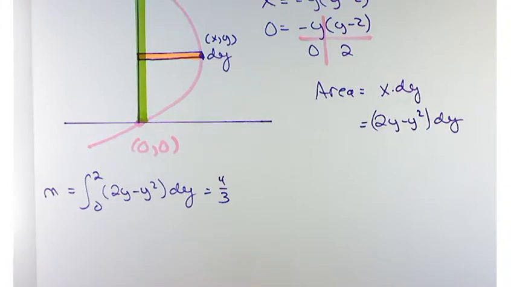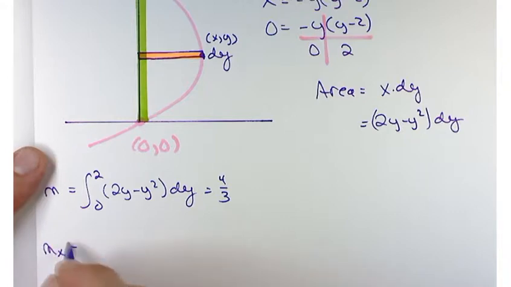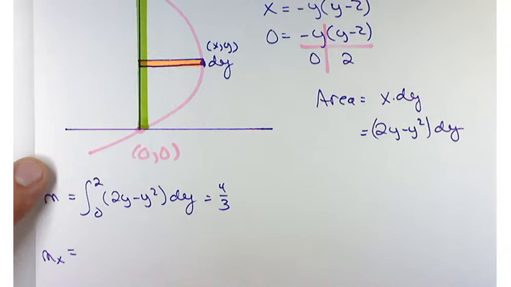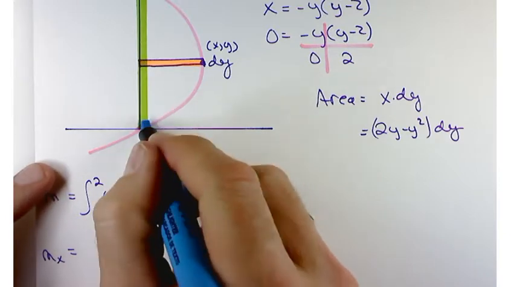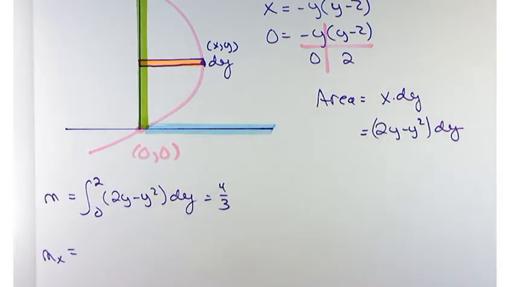Let's work on a couple of our moments. So we'll start with the moment around x, m sub x. This is going to be the tendency of this figure to want to rotate around the x-axis. So this one right here. Now that tendency is going to be a product of two things.